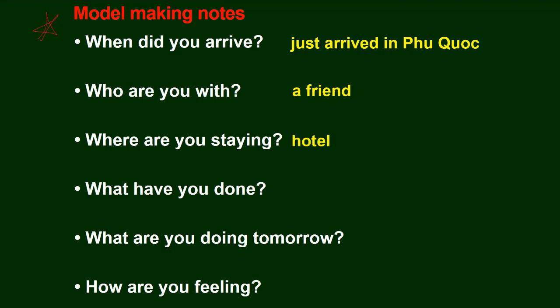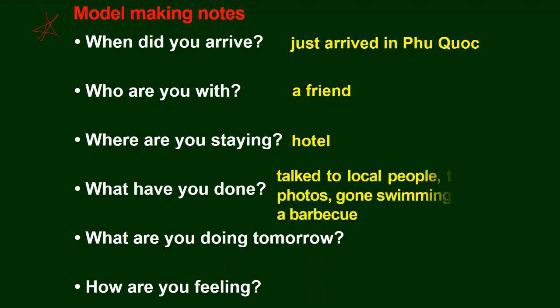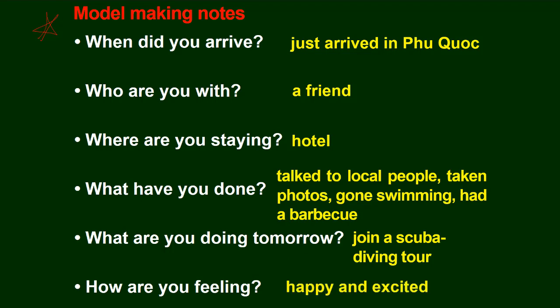I am staying at a hotel. And what have you done? I have talked to local people, taken photos, and etc. What are you doing tomorrow? I am joining a scuba diving tour. And how are you feeling? I am feeling very happy and excited.